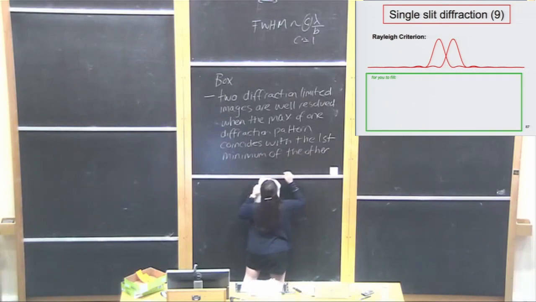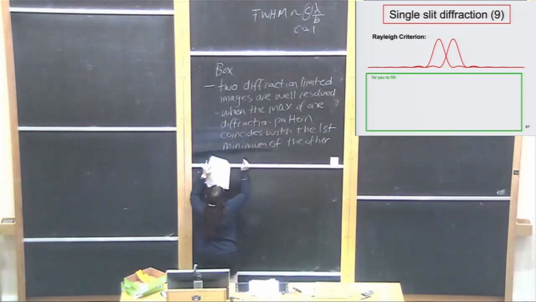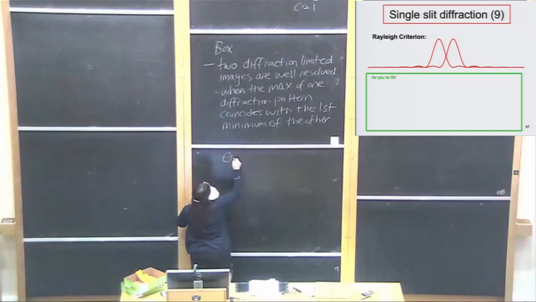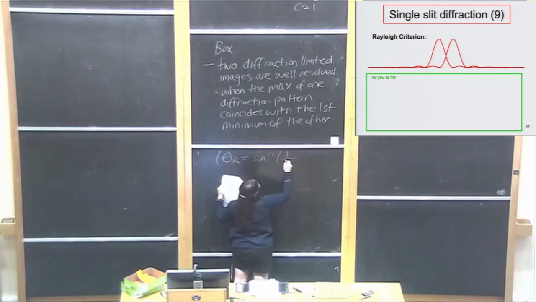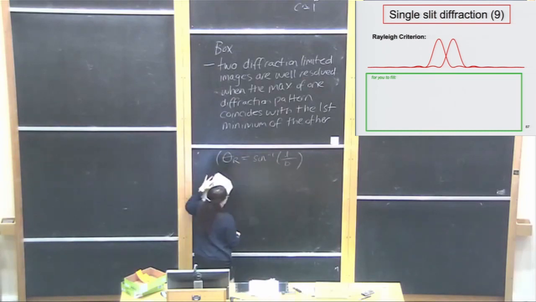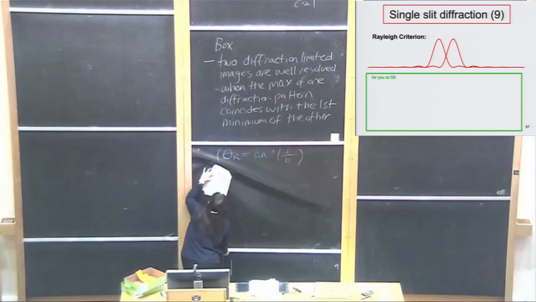So this means that you've got an angular resolution which equals sine to the minus 1 of lambda over b, where b is the width of your slit.